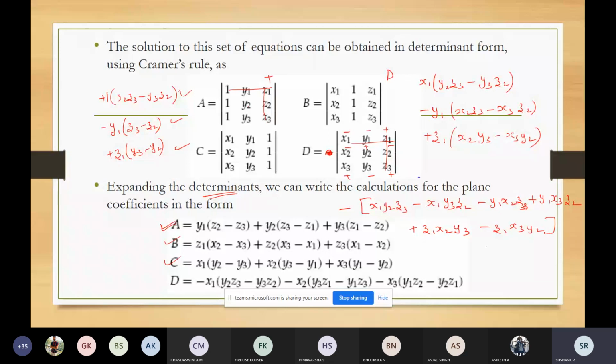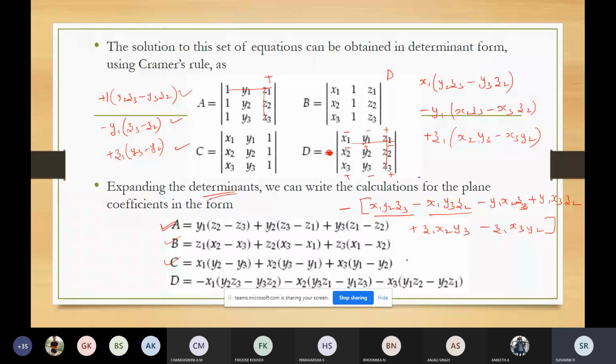So here you take the x term, x1 first. So minus x1 y3 z2 is one term, and y2 z3, and the second term is here itself.